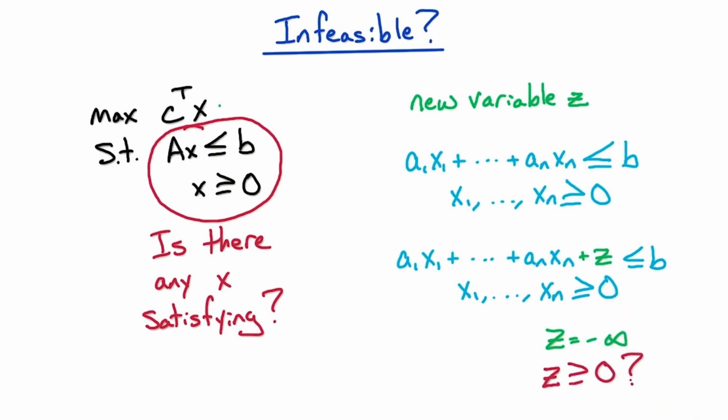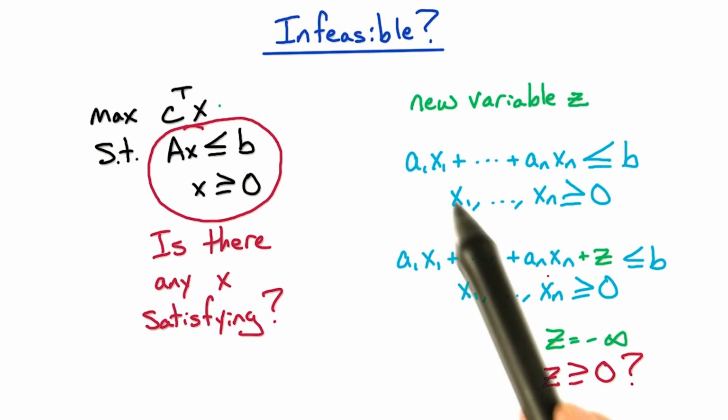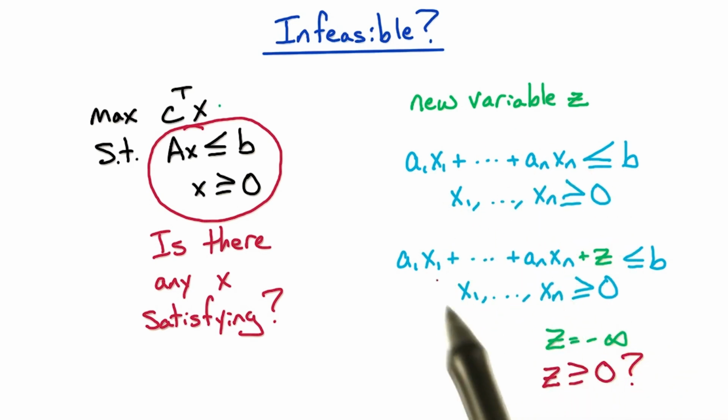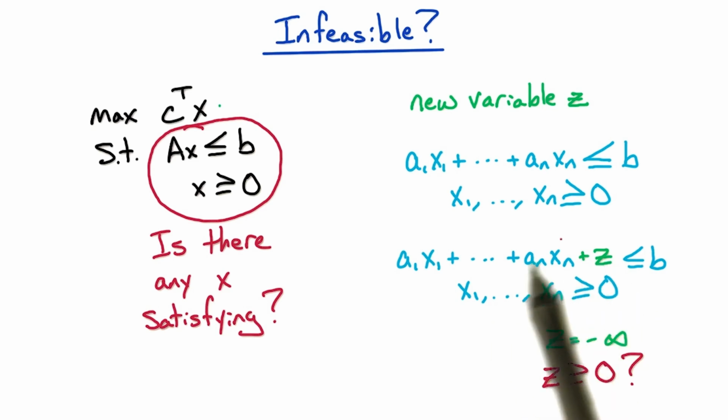Now the question is whether there's a solution to this new equation when z is at least 0. If we can find a solution to this new equation where z is non-negative, then we can drop z and we still have this condition satisfied.